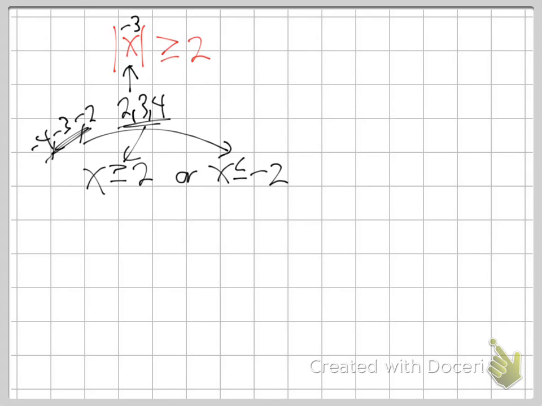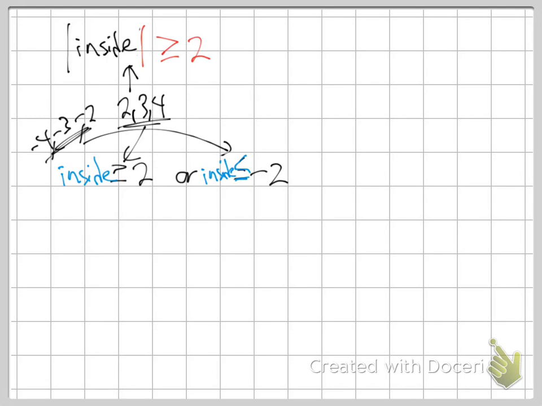That's not true just for x. You could make a general statement: whatever the inside was, instead of x, and the same thing over here. Does that make sense logically? And the 2 could be any number.